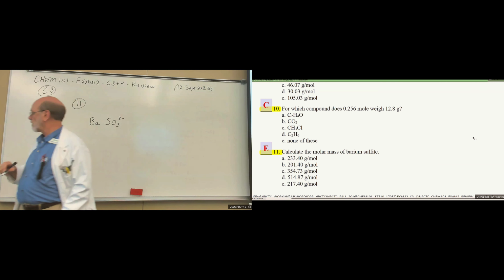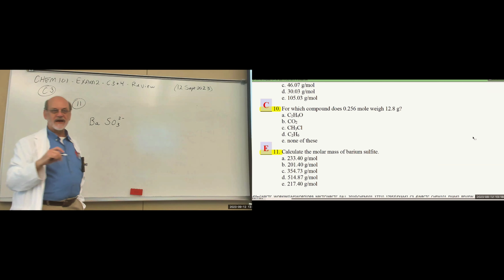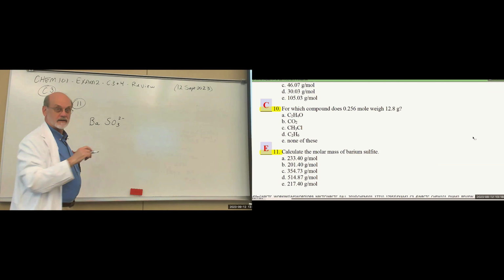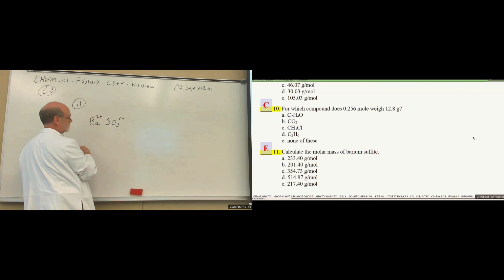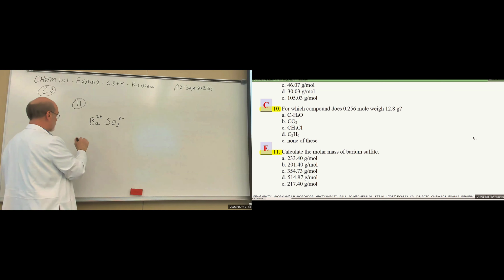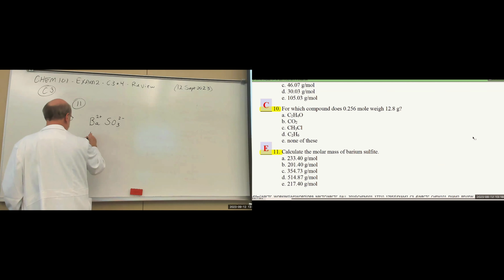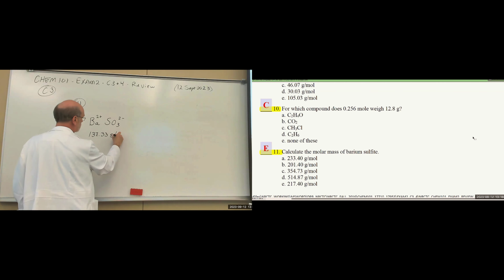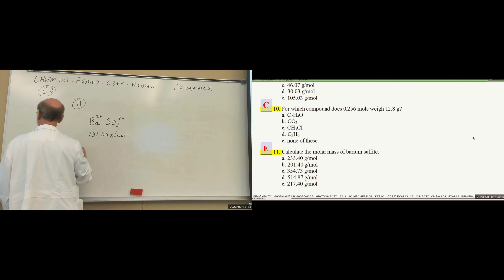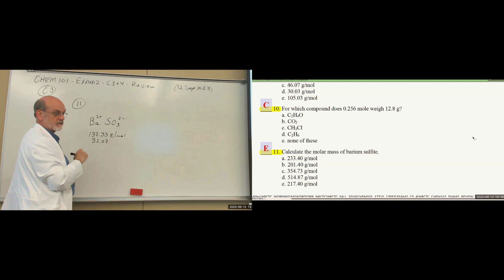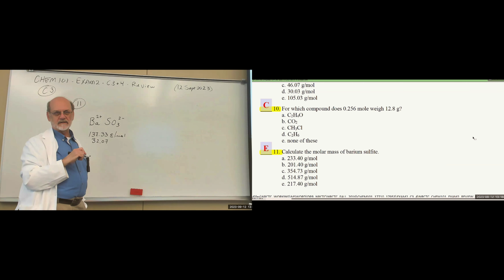How about barium? Barium's an alkaline earth, so it has a 2+. So that's it. Just need one of these, one of that. Now we look up barium, which is 137.33 grams per mole. We have one sulfur, which is 32.07, and 3 oxygens, 3 times 16.